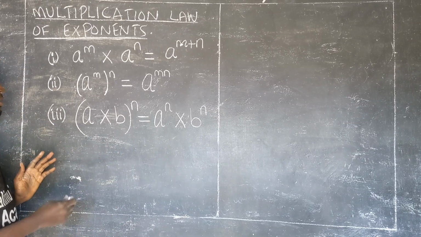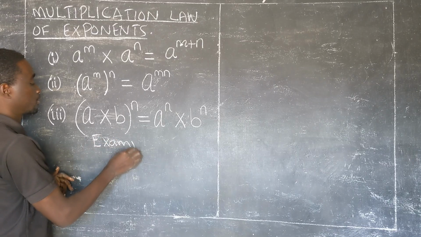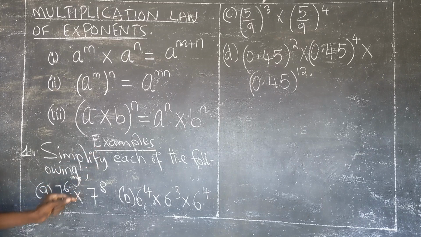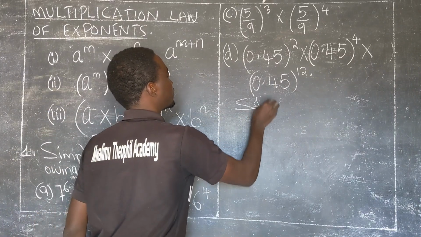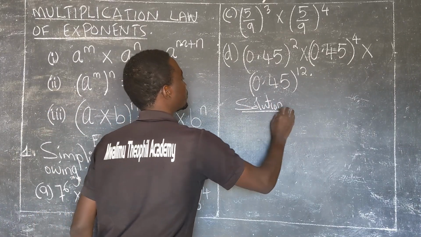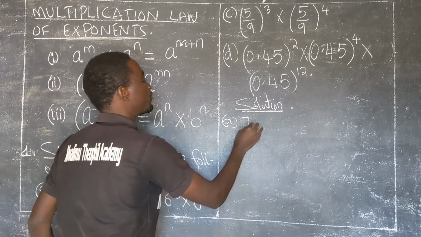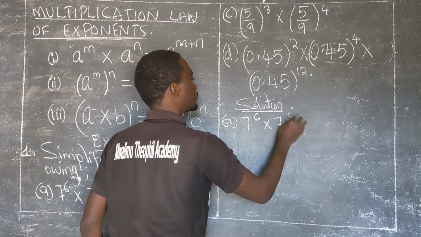After that, let's see different examples. Our first example says: simplify each of the following. A. 7 raised to 6 times 7 raised to 8. Here is the solution. In A, we are given 7 raised to 6 times 7 raised to 8.